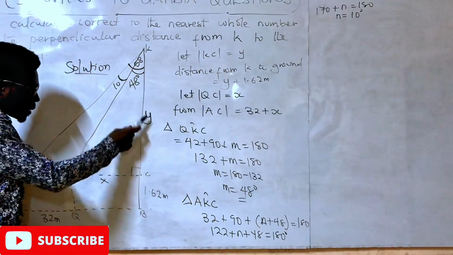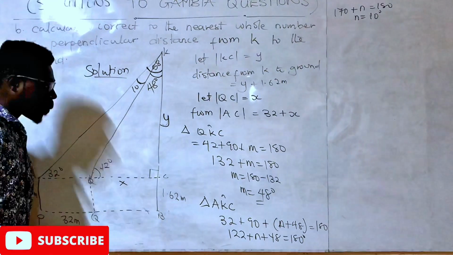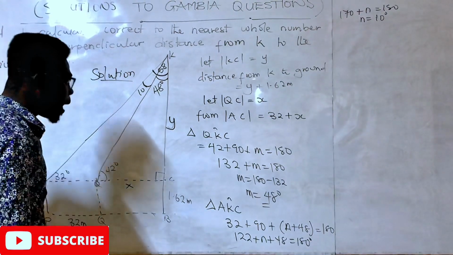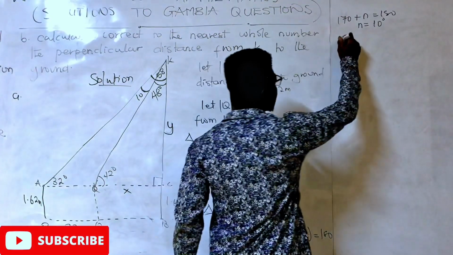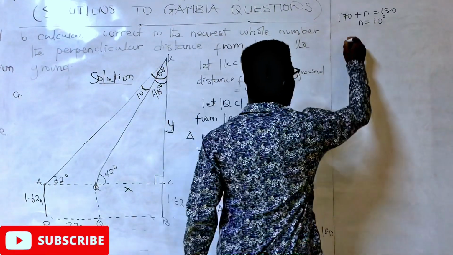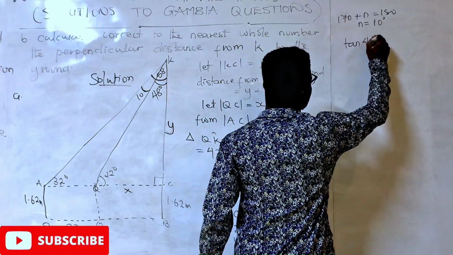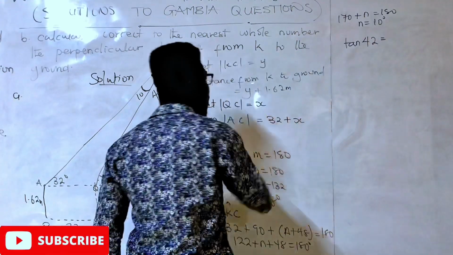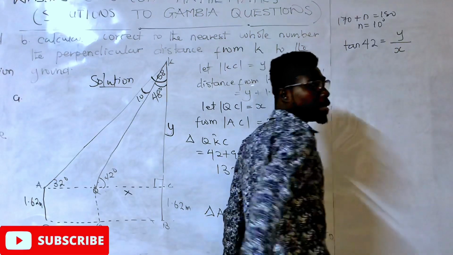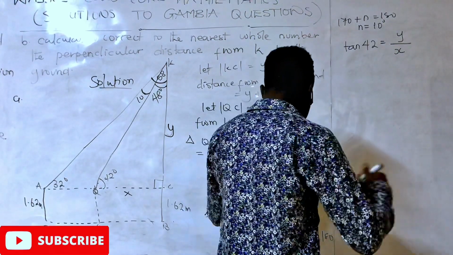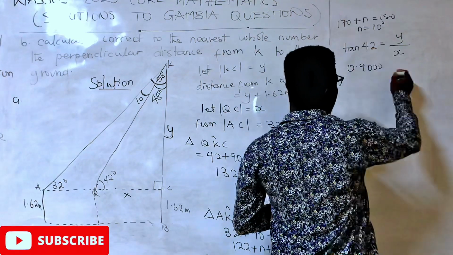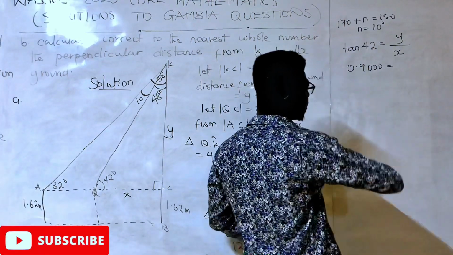For us to get X and the Y, if I use the trig ratio, tan, I know tan is opposite over adjacent. So tan 42 is going to be, now the opposite is Y and the adjacent is X. Tan 42 is 0.9000, there are other numbers attached to it.